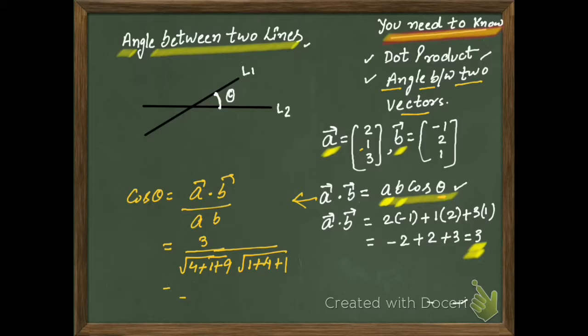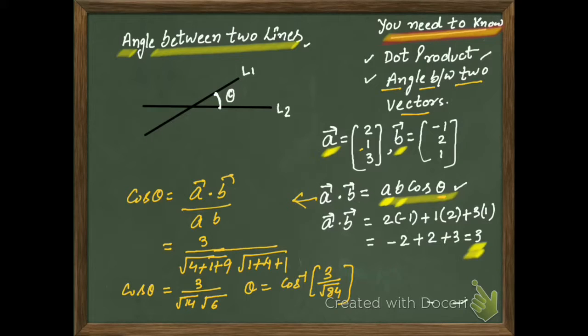So finally we will get 3 over square root of 14 times square root of 6. This is your cos theta. So angle theta would be cos inverse 3 over square root of 84, since 14 times 6 is 84. You can use a calculator to find cos theta in this case.